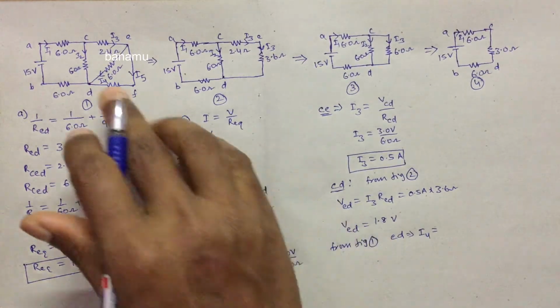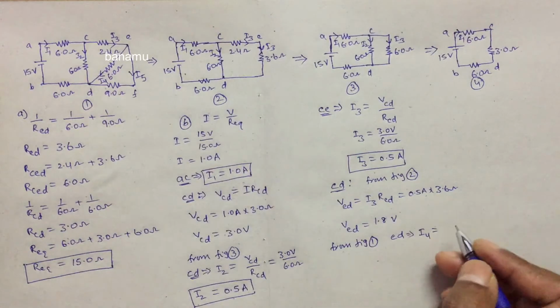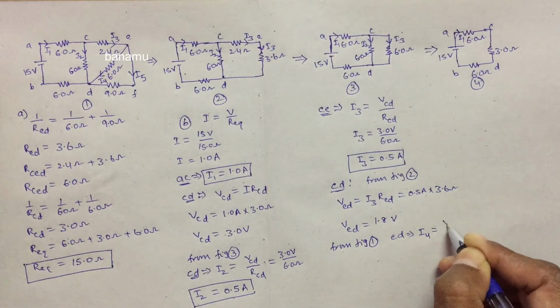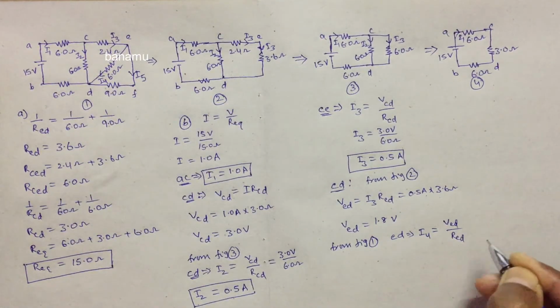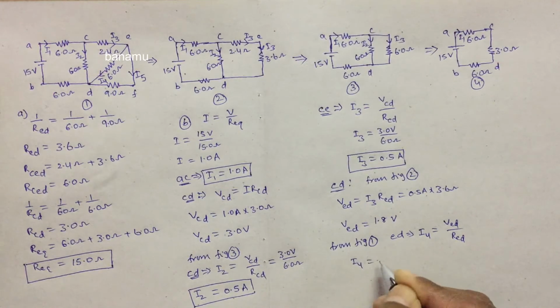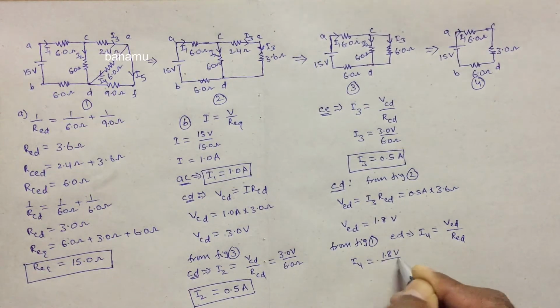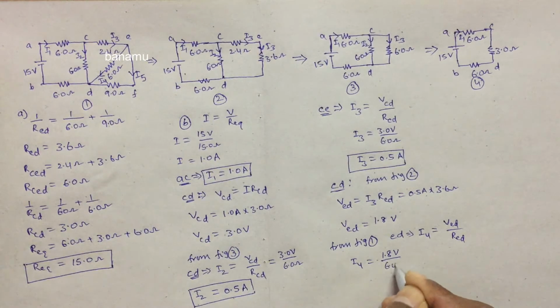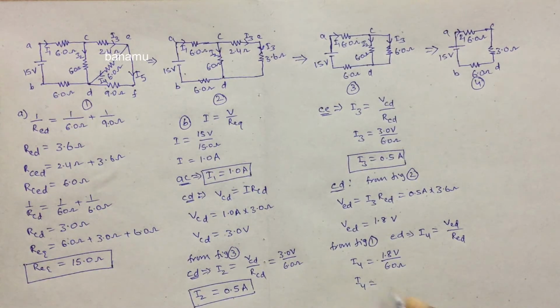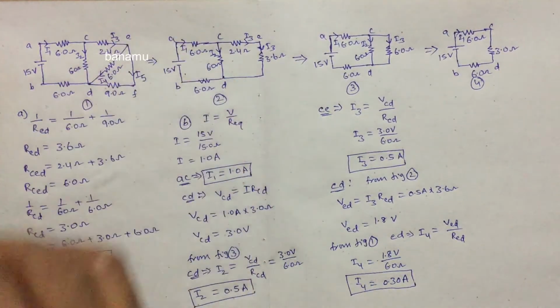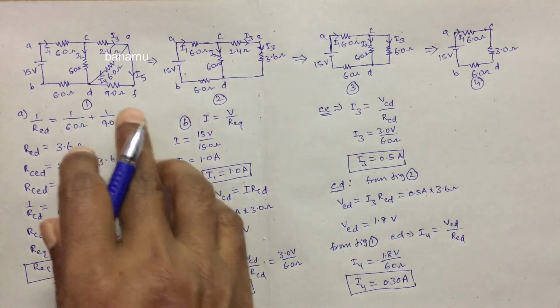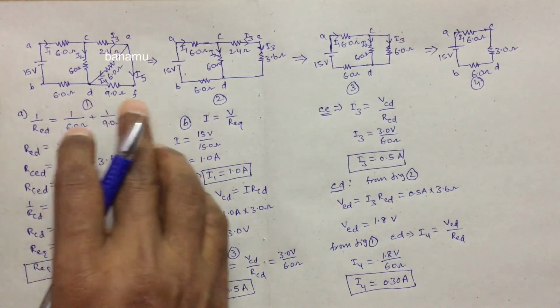I4 is equal to VED by RED. So I4 is equal to 1.8 V by 6 ohms. So I4 is equal to 0.3 amperes. This is the current through the 6 ohm resistance between the points ED. And consider the current through the 9 ohm resistance between the points FD.